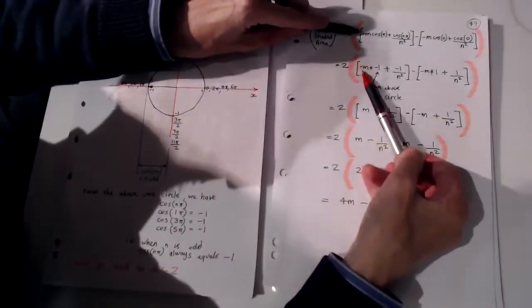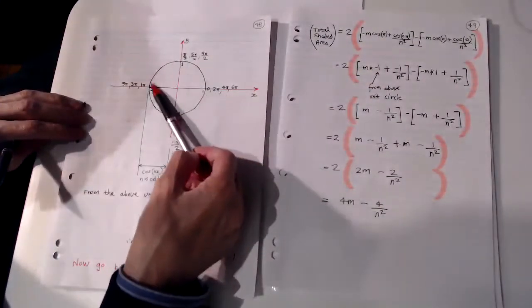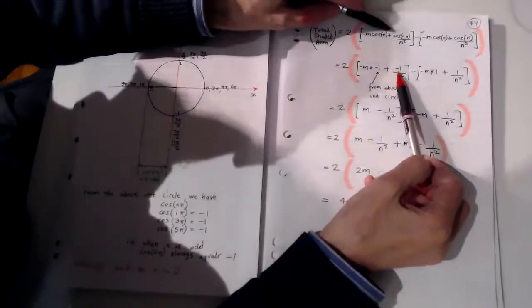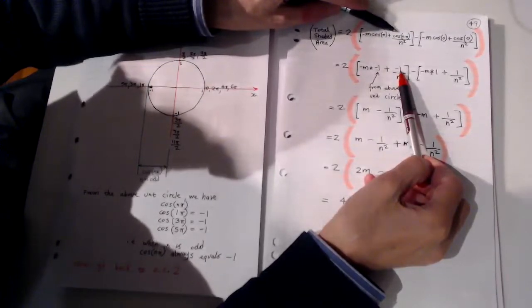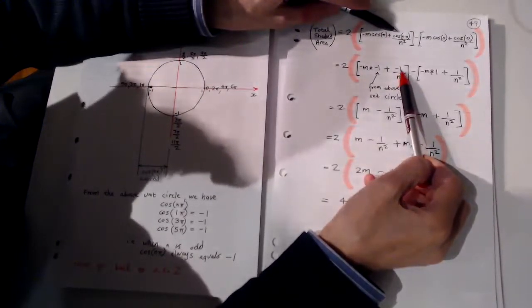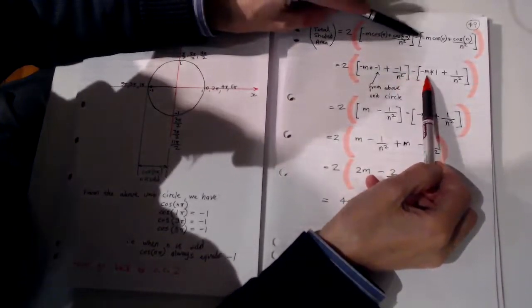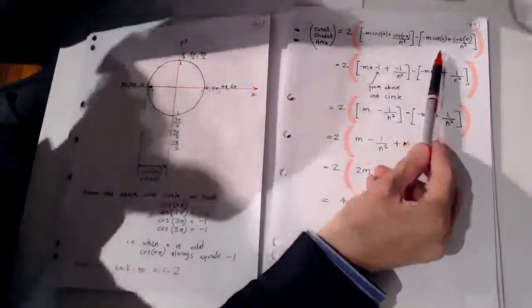2 times negative m cos pi, and from our unit circle cos pi is -1, plus cos n pi, which as we've just seen when n is odd is always -1, on n squared, minus negative m cos 0. What's cos 0?